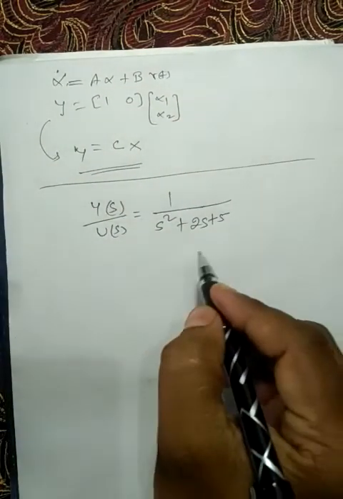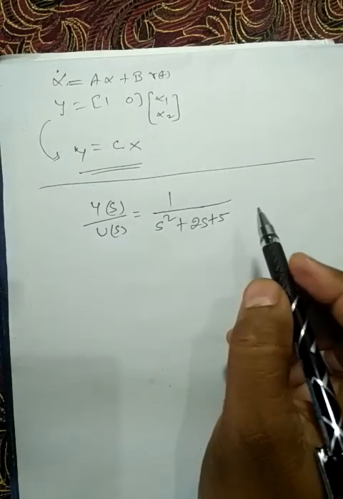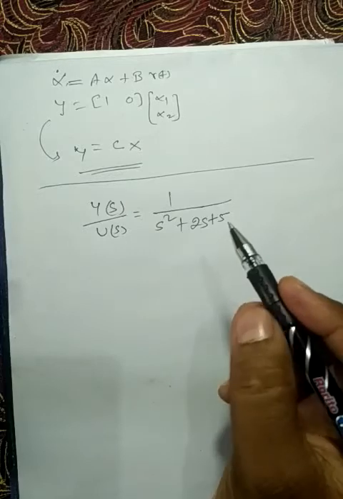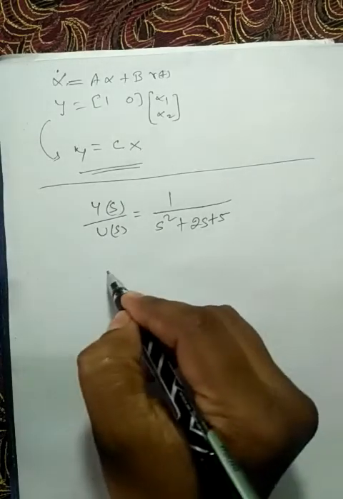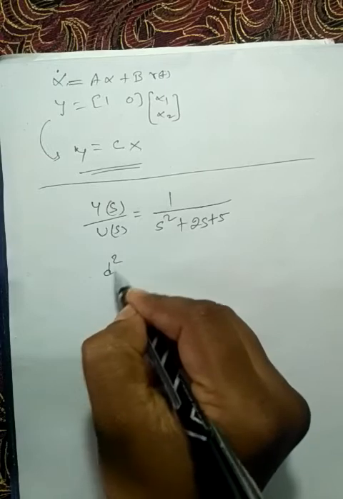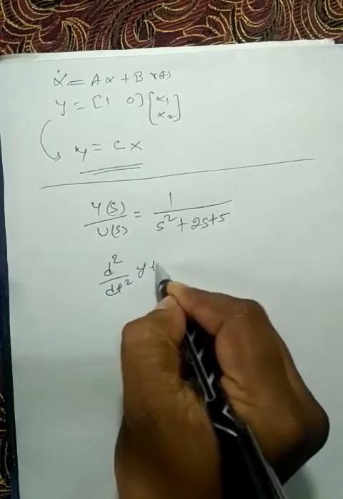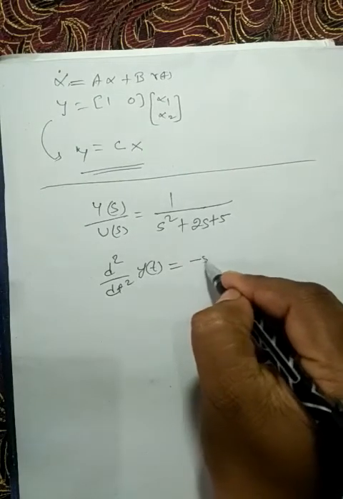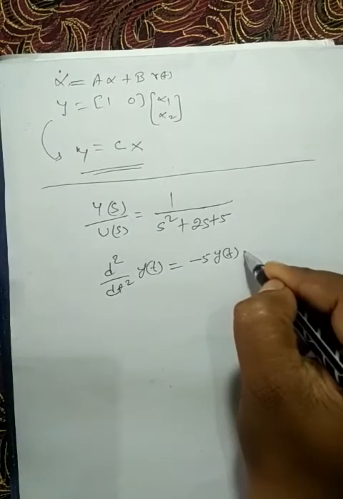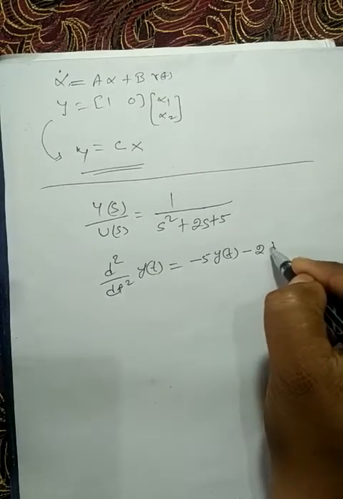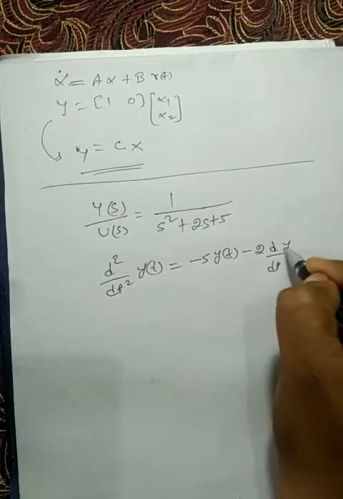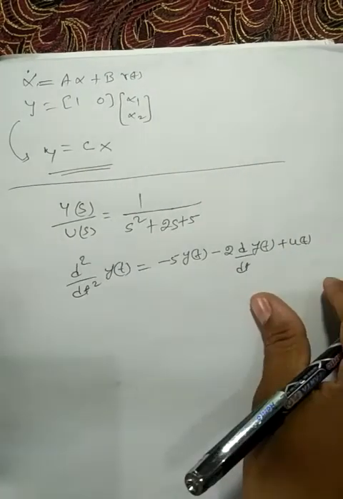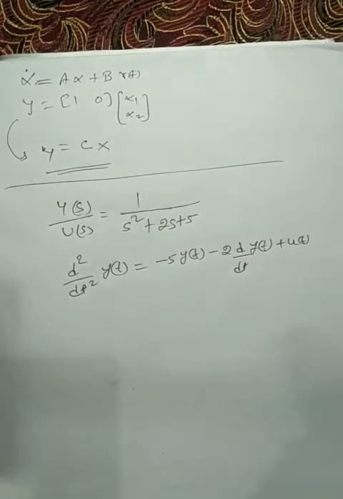After inverse Laplace and cross multiplication, we will find the differential equation d2 over dt2 yt, and rearranging it, we will have minus 5 yt minus 2 d by dt yt plus ut, right?